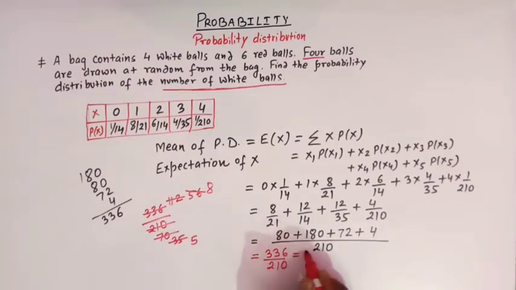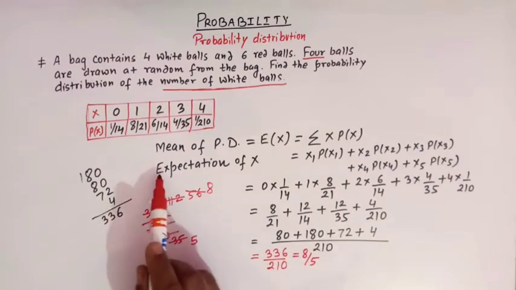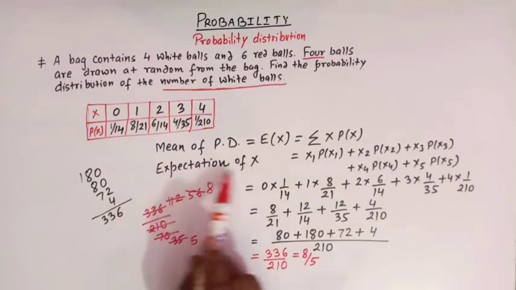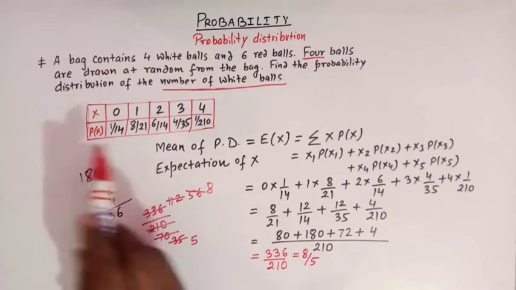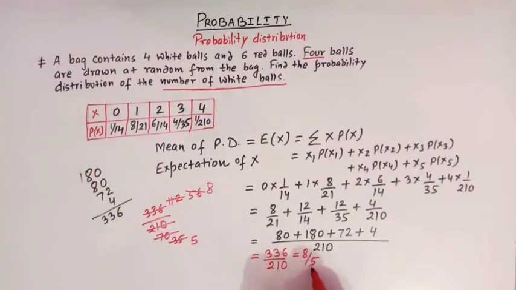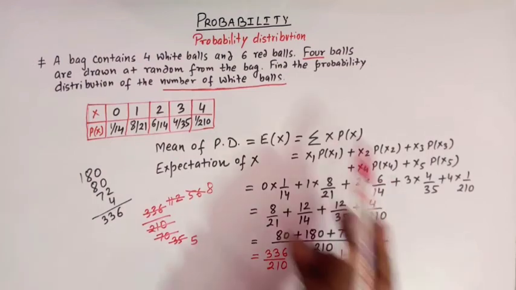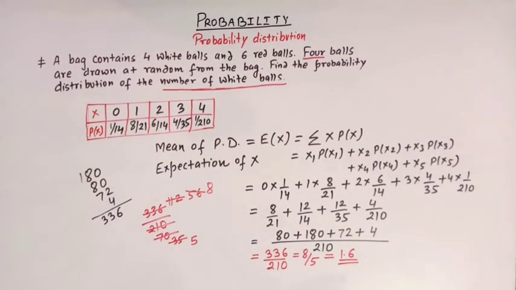So here we have 8 over 5, right? So the expectation value of the random variable x in this case is 8 over 5, which can also be written as 1.6, right? So viewers, this is how we solve this problem.